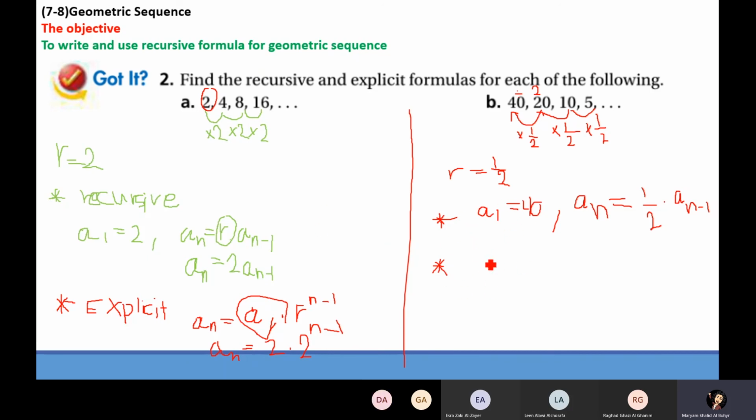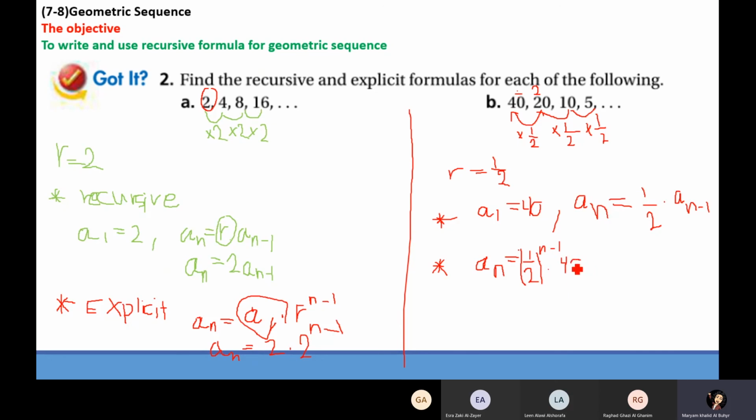Now for the explicit formula, An, which is the general form that will help you find any term you want. What is a1? I will substitute 1 over 2 directly because I wrote it before, times, now I just changed the order, all this in parentheses to the power n minus 1, then times term 1, 40.